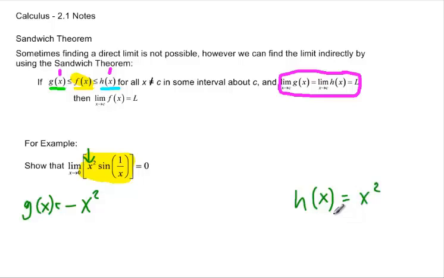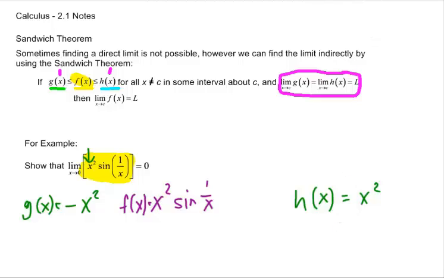Now, the largest that sine can be is 1 or -1, so times x squared, the most that would happen is an equality with x squared. So in between these guys, we've got x squared times the sine of 1 over x. So this becomes my f of x part.